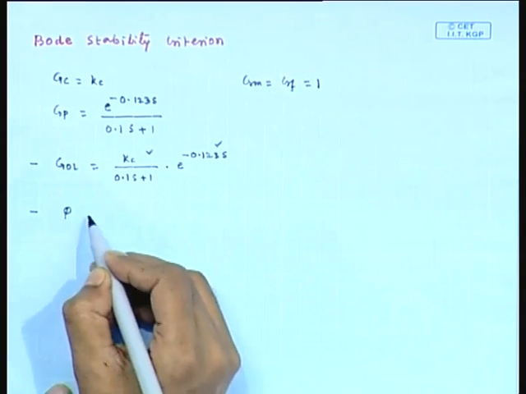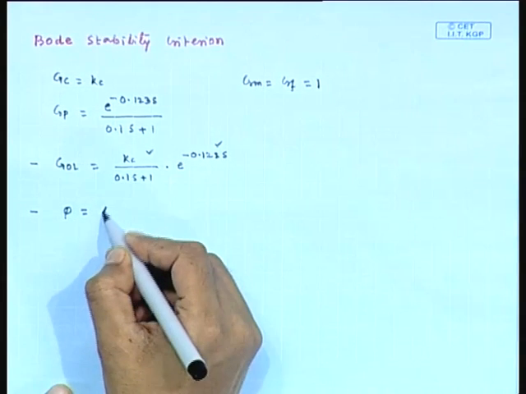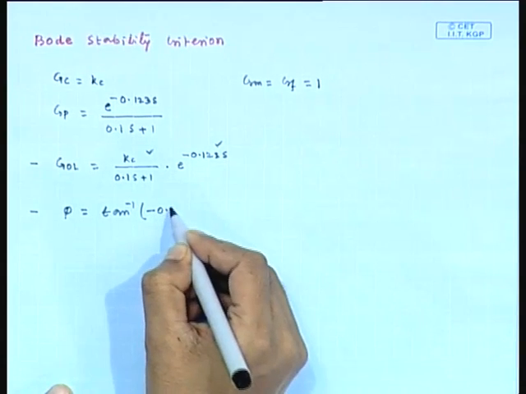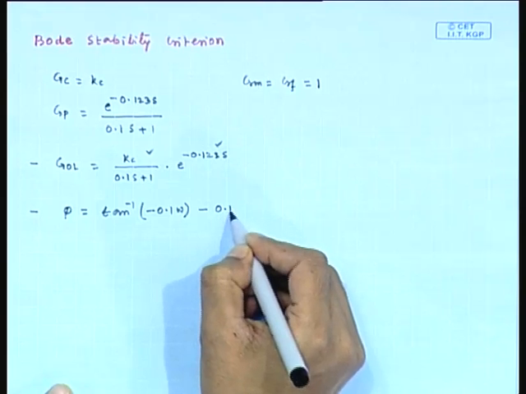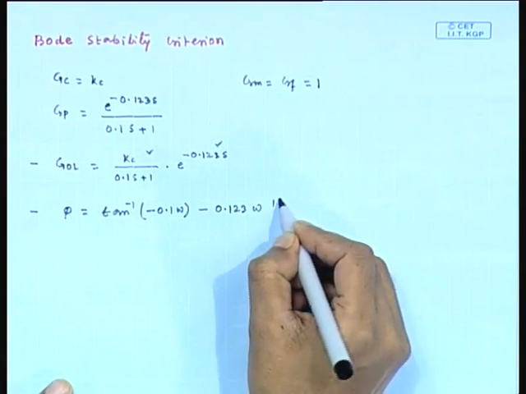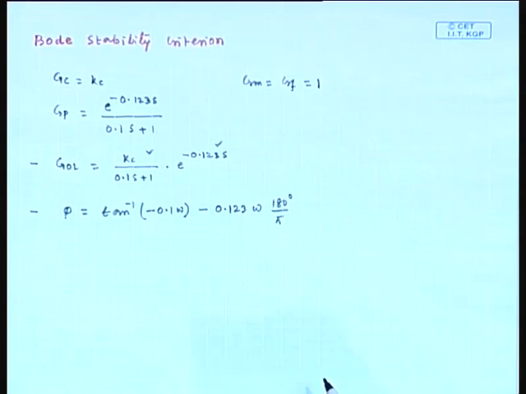So, the expression for phi we can write as tan inverse of minus 0.1 omega, minus 0.123 omega, multiplied by 180 degree divided by pi. This is the expression for phi.